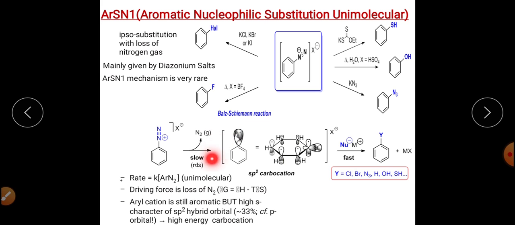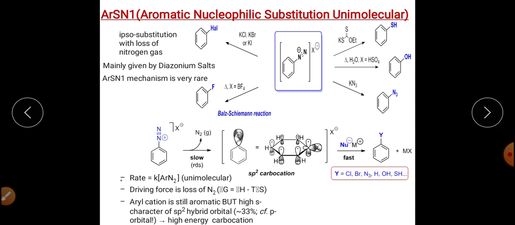In the first step, which is the slow, rate determining step, gaseous nitrogen will be eliminated, and the diazonium salt is being converted into the cation.